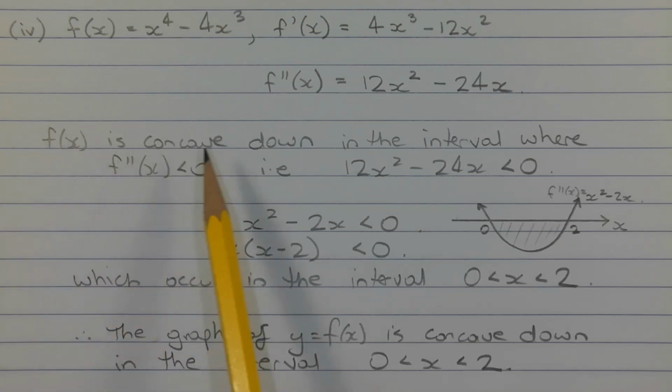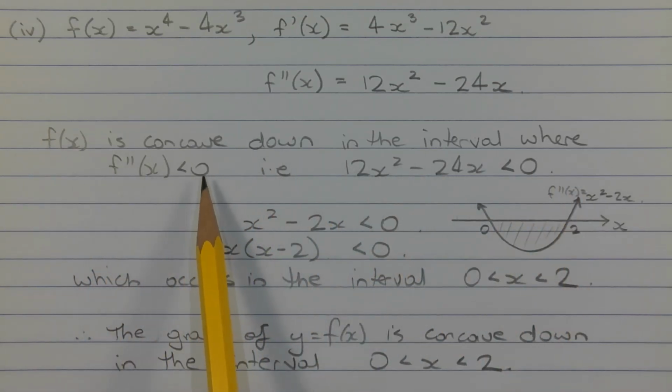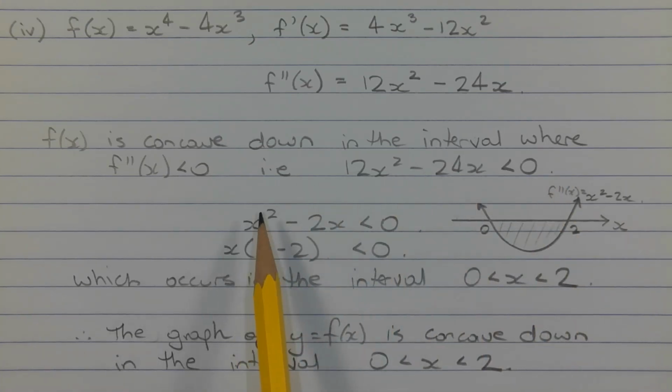So f of x is concave down in the interval where f double dash of x is less than 0. In other words, 12x squared minus 24x is less than 0. Now we can simplify this inequality by dividing all terms by 12, and we get x squared minus 2x is less than 0.